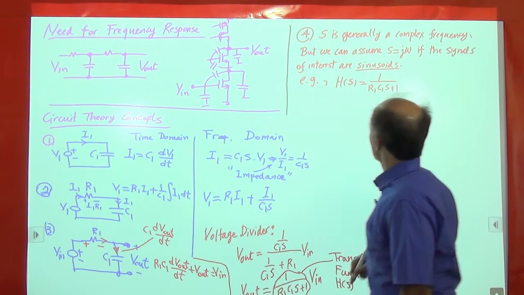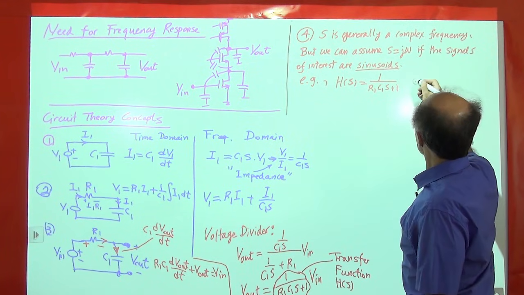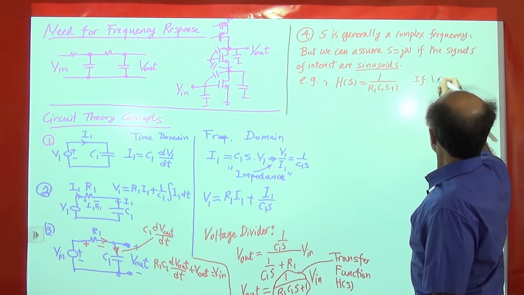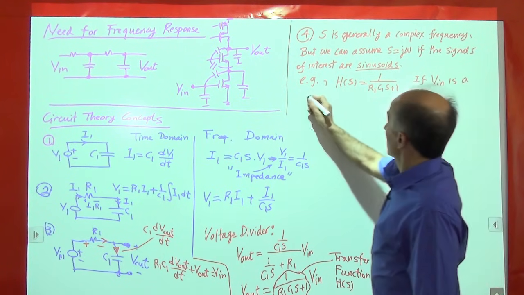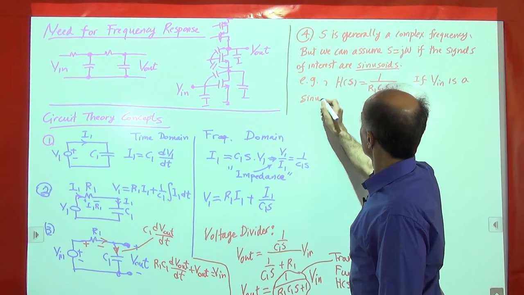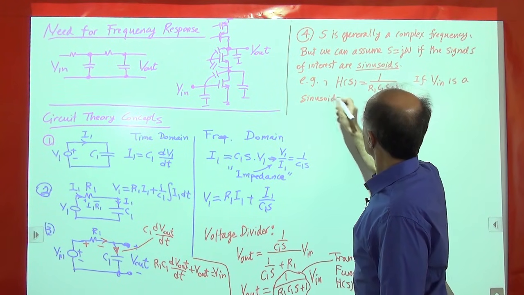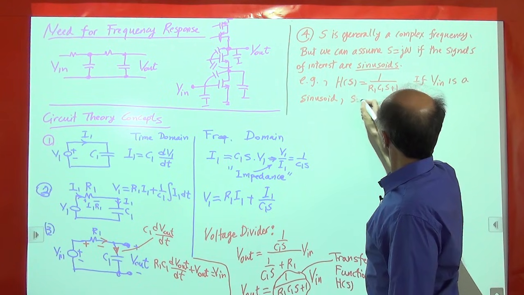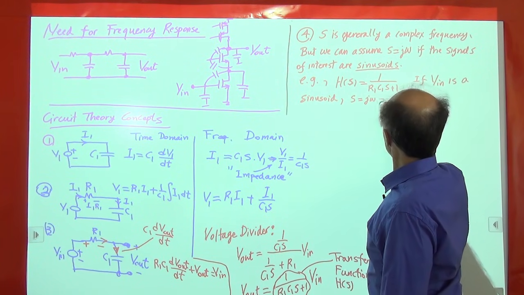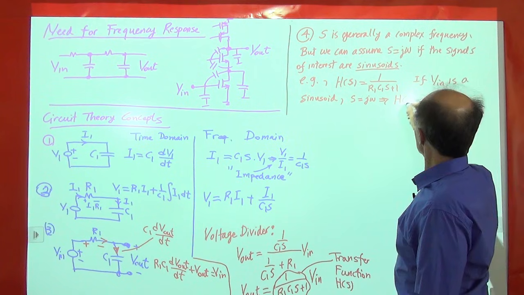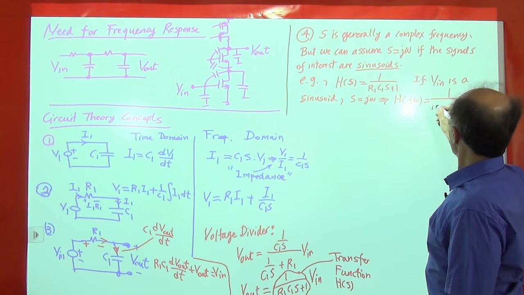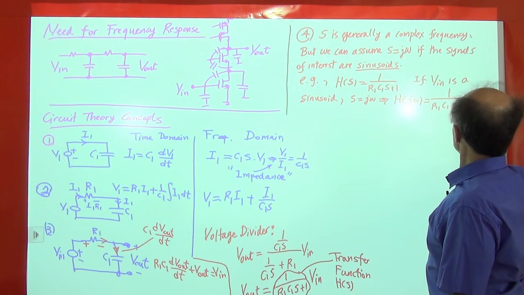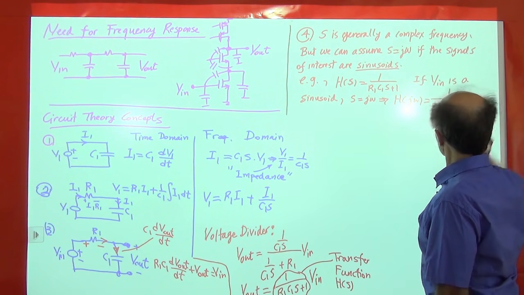So if V in is a sinusoid, then s is equal to j omega, and that means that h of j omega is equal to 1 over r1 c1 j omega plus 1.